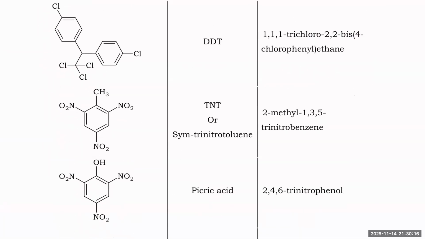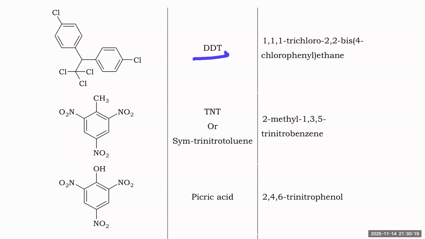Okay. Next, DDT. DDT is the common name for a pesticide. Correct. This is now banned in India. We will not use it anymore because it erodes the soil properties. Got it? But what is the IUPAC name? This is actually ethane, with positions 1 and 2.